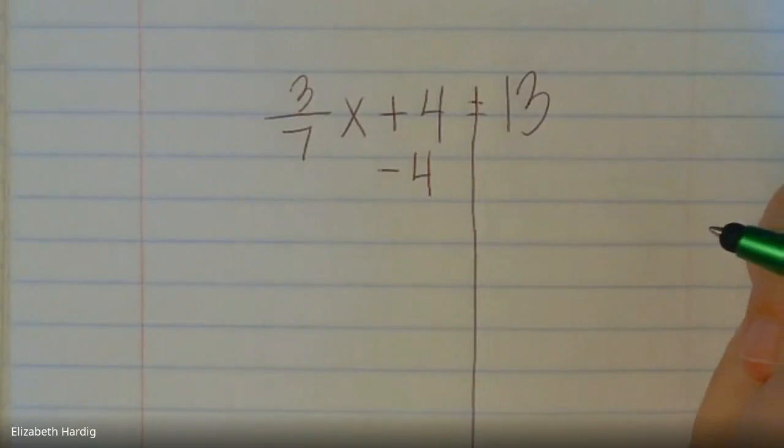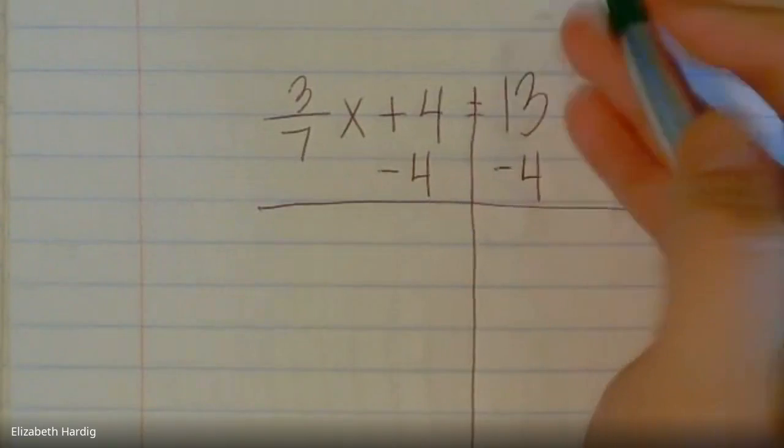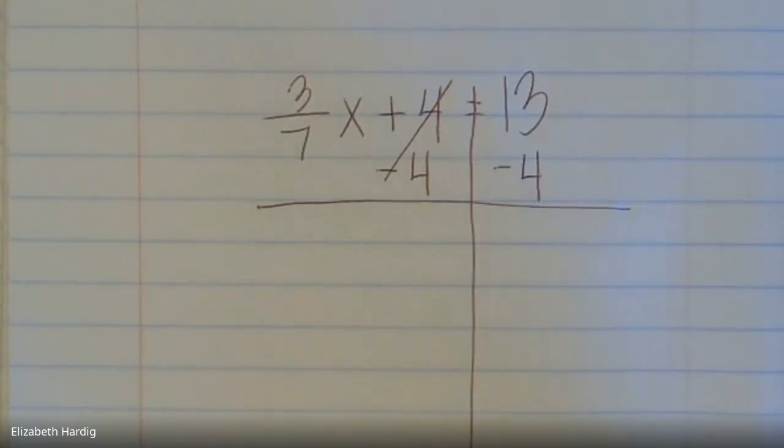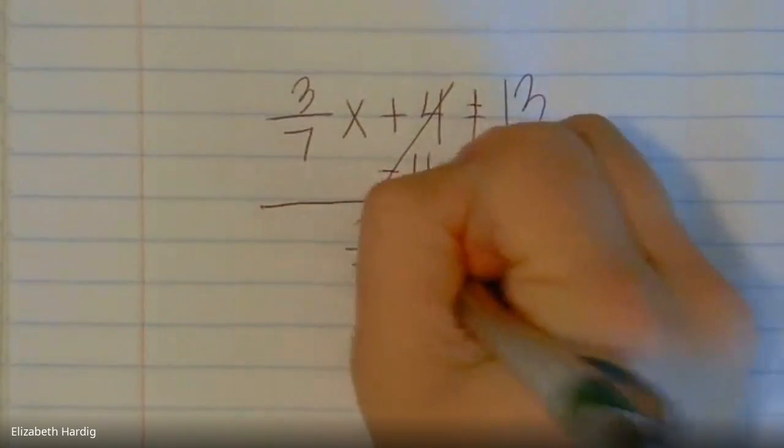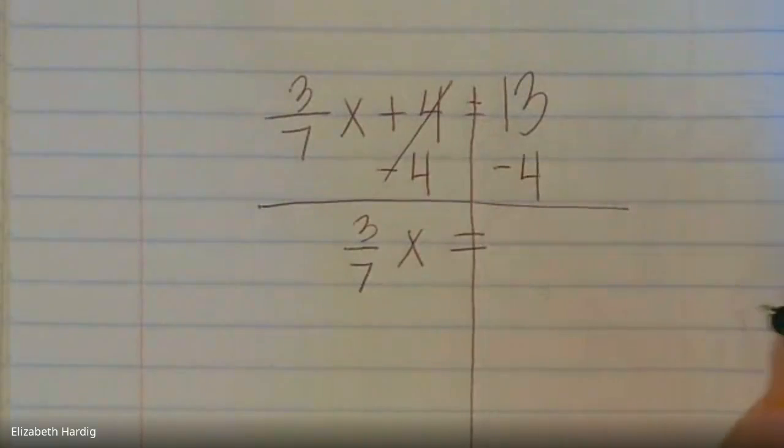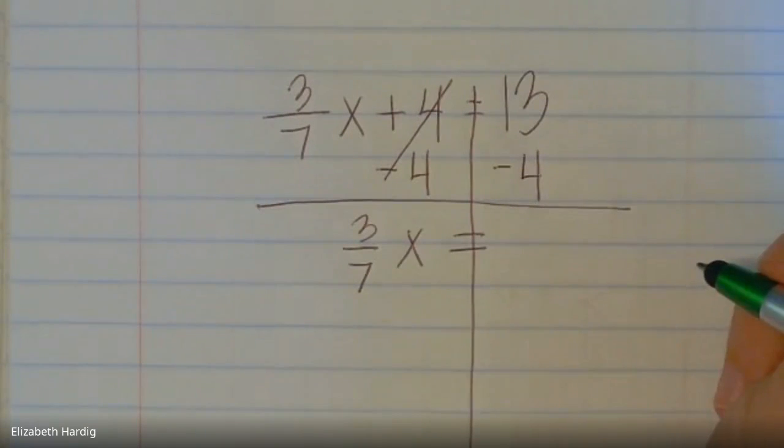A negative 4. And if I subtract 4 on one side, what do I need to do on the other? The same. Good. All right. Positive 4 and negative 4 become a 0 pair. So everything that I have left over is 3/7 of x equals, what's 13 minus 4?